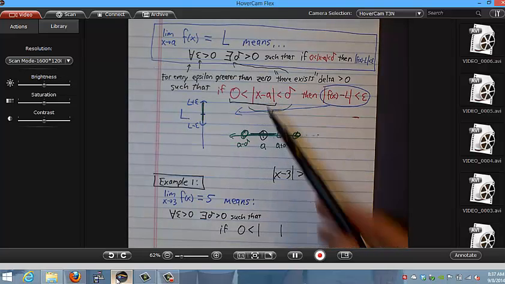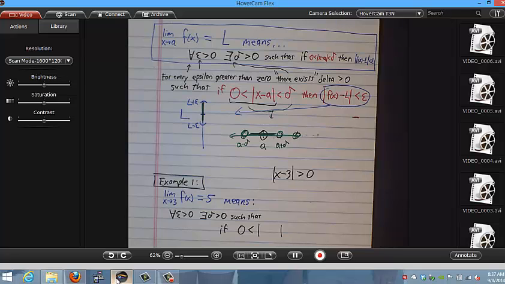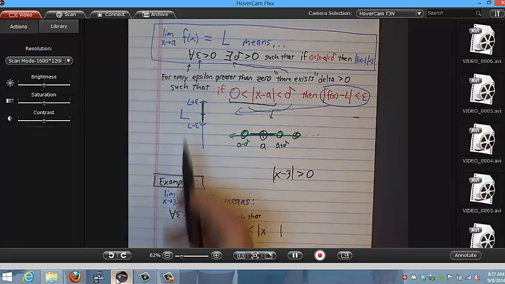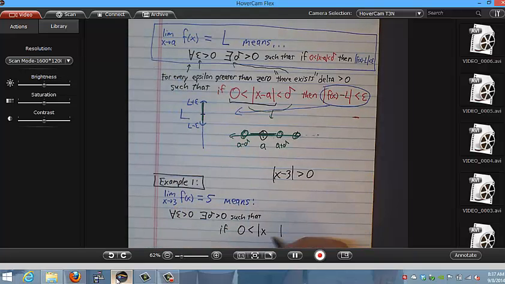I want to fill in what I have. What's the a value for this problem? 3. Because remember, a is whatever the limit is approaching.